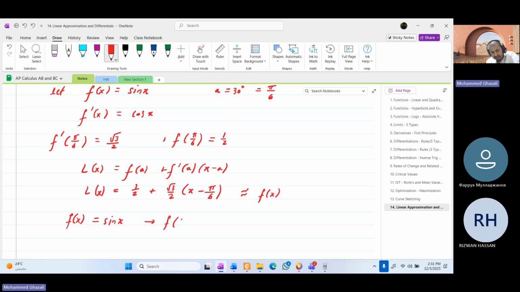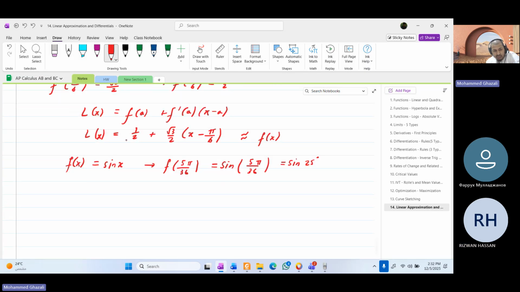We are finding f of 5 pi over 36, which is the same as sine of 25 degrees if you put your calculator in degree mode.